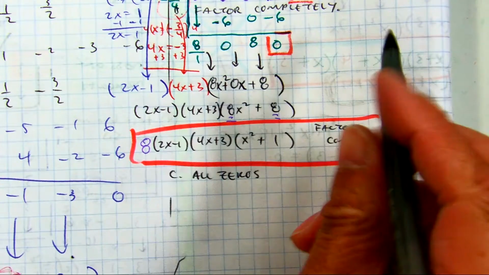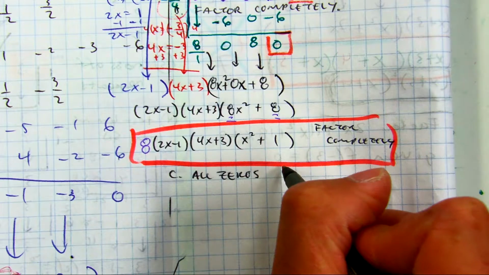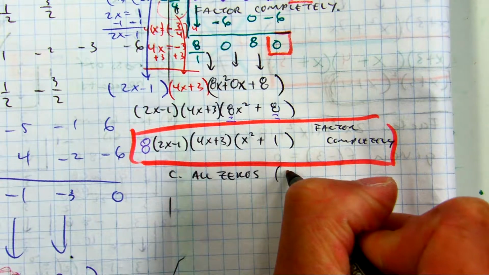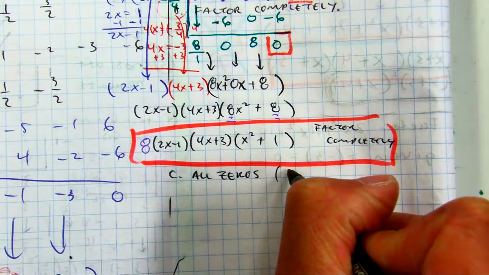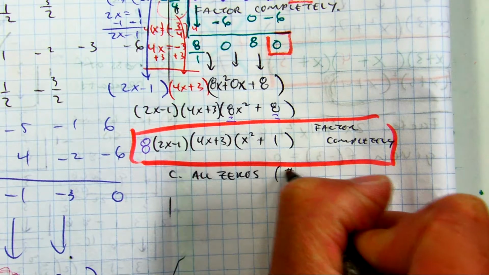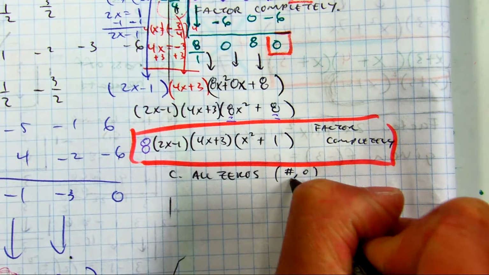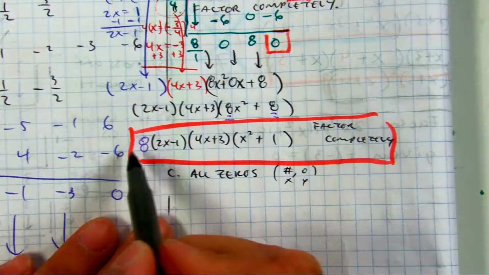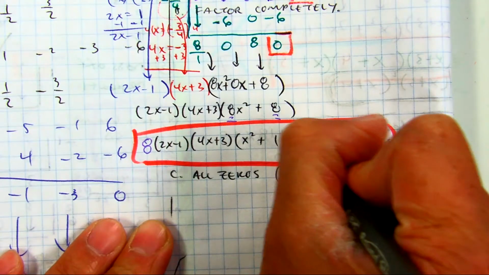Class, what's the ordered pair? (x, 0). Number, then 0. So it's saying if I put this whole polynomial equal to 0, I can find the x-intercepts.